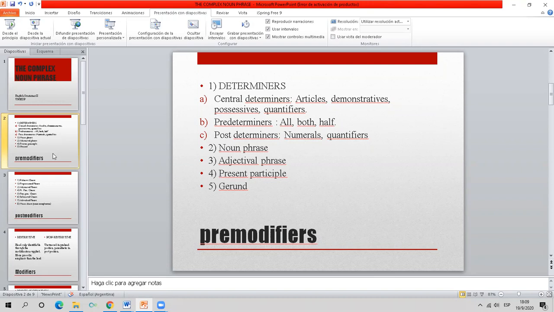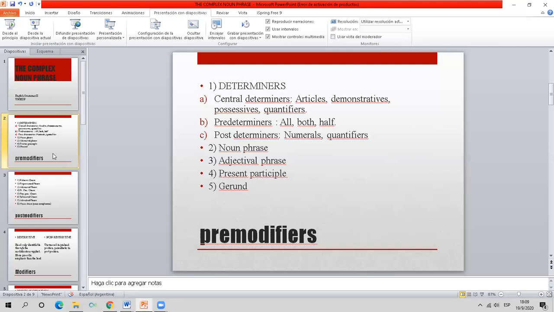And within determiners, central determiners, which comprise articles, demonstratives, possessives, and quantifiers. We have predeterminers, like all, both, and half, and post-determiners, which correspond to numerals and quantifiers.